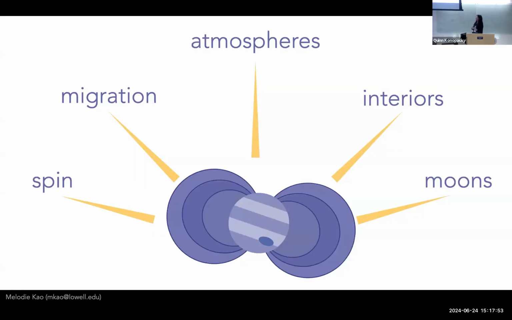So hopefully in just that single 1 to 2 minute grand tour of some but not all of the effects of magnetism in exoplanet systems, you all are coming away with a sense of the importance and centrality of magnetic fields and the role that they play in exoplanet systems.